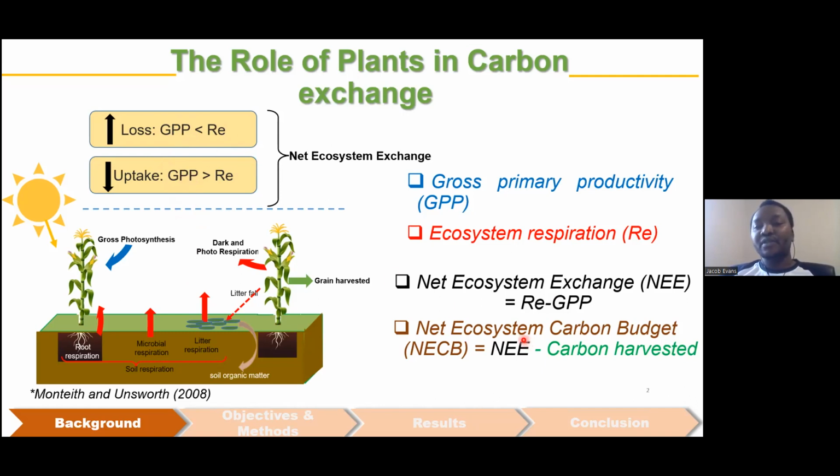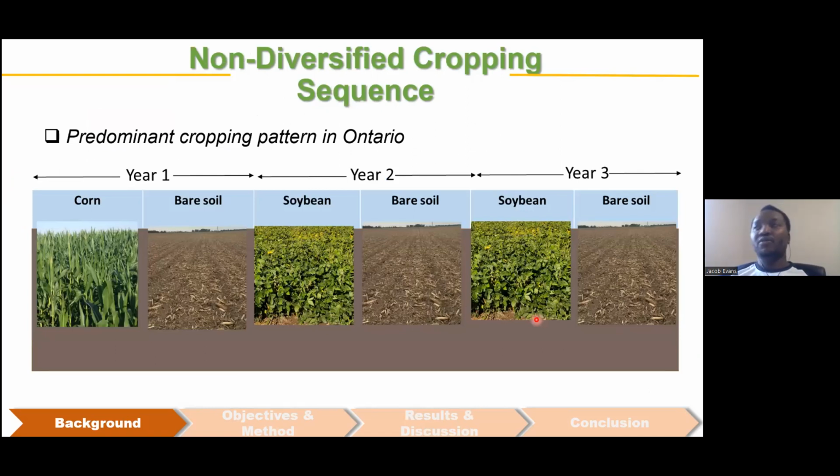We include an additional term, the net ecosystem carbon budget, NECB for short, to account for carbon lost via plant harvest. In essence, the presence or absence of plant or vegetative cover would significantly influence carbon exchange dynamics.